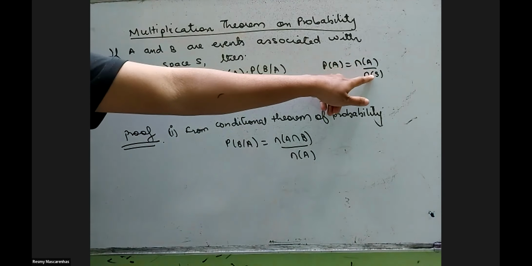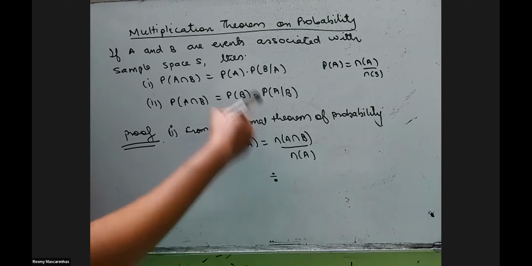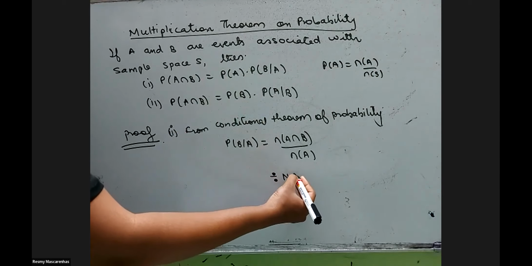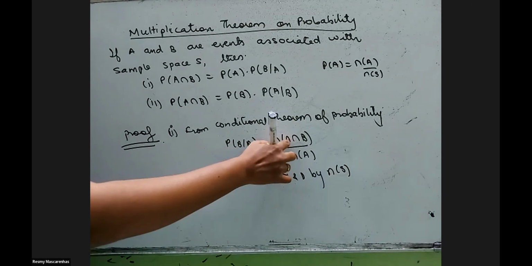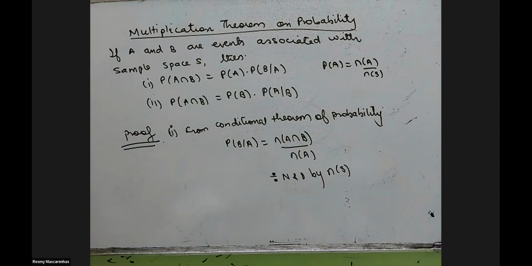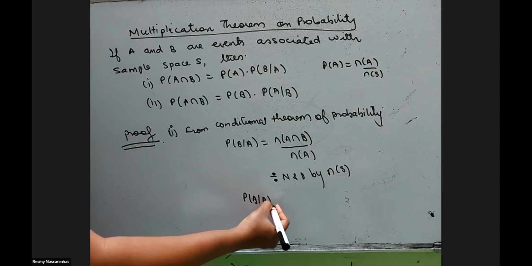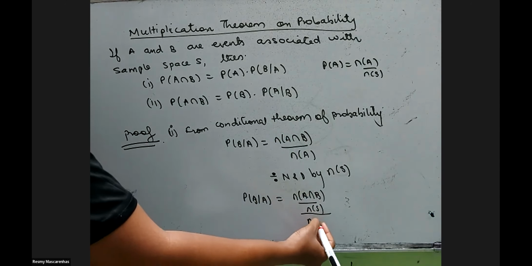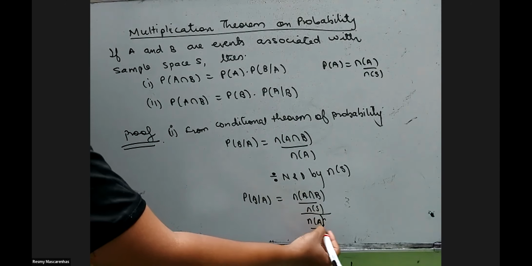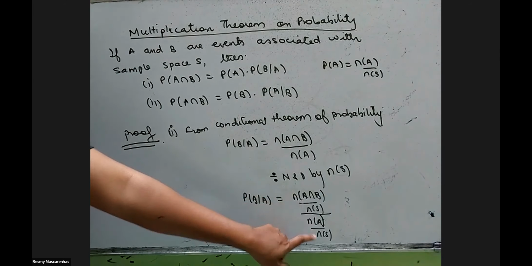So just one extra step: divide both numerator and denominator by n of S. So P of B by A will be equal to n of A intersection B upon n of S, which gets automatically converted into P, and this is also P.